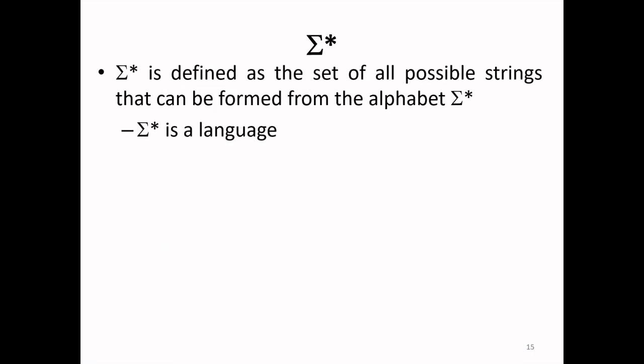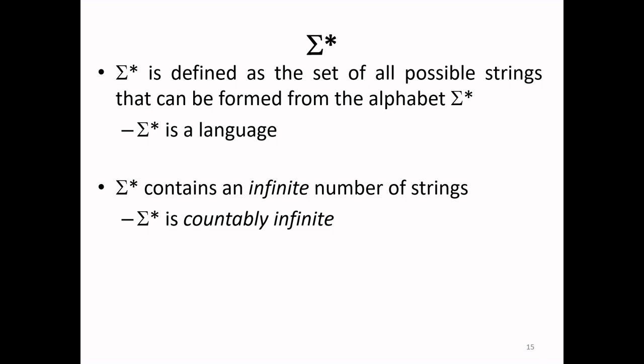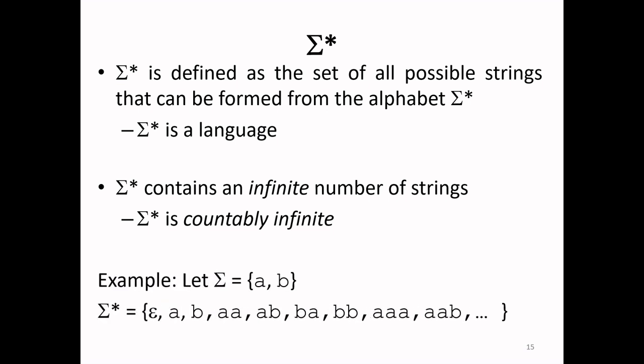Then what is summation star? As we discussed, summation star is defined as the set of all possible strings that can be formed from the alphabet summation. So, summation star is a language which contains an infinite number of strings. Summation star is countably infinite.